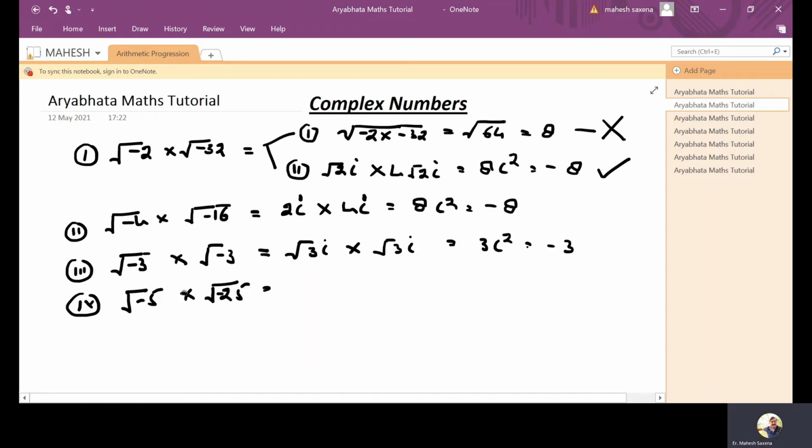That is root 5 i, and under root minus 25 is 5i. Therefore, it is equal to 5 root 5 i square, that is minus 5 root 5. Now you may understand how we can find these products.